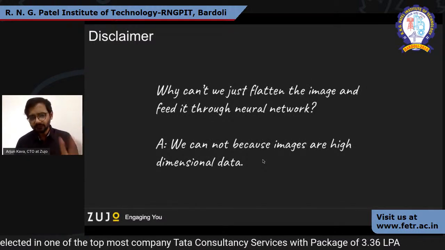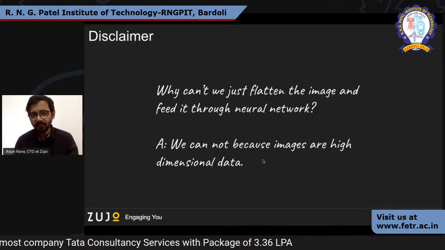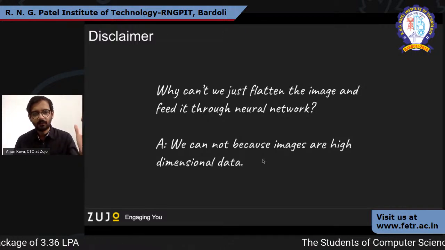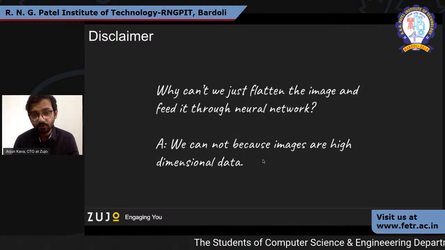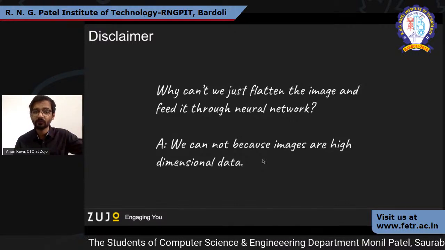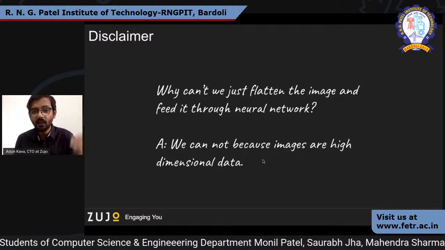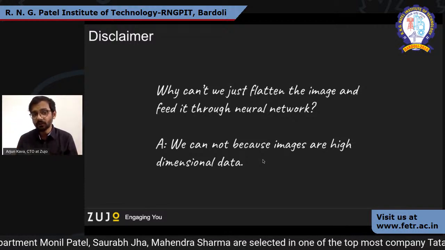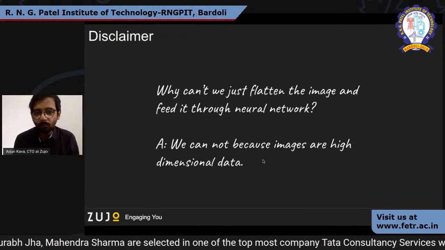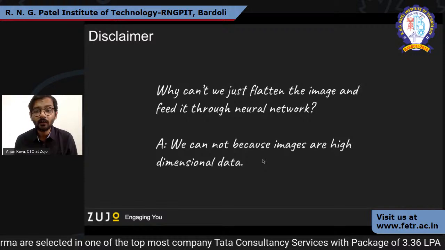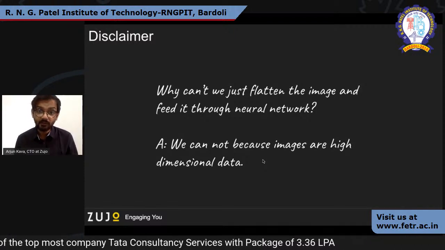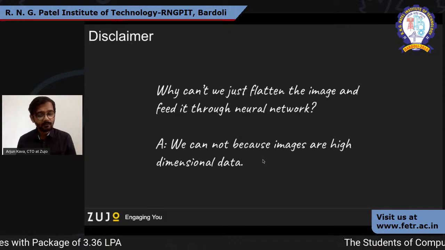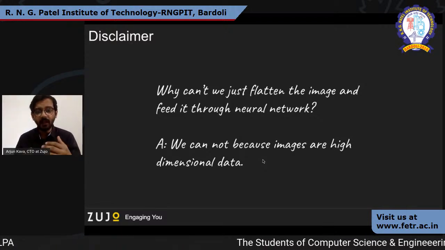Okay, the first thing we need to understand before starting is, as we had seen in our perceptron model, that we had flattened down the whole two-dimensional or multi-dimensional space into one-dimensional space using a vector, and then we got the output. The same thing cannot be possible with a convolution neural network with image data, because image data is high dimensional data.